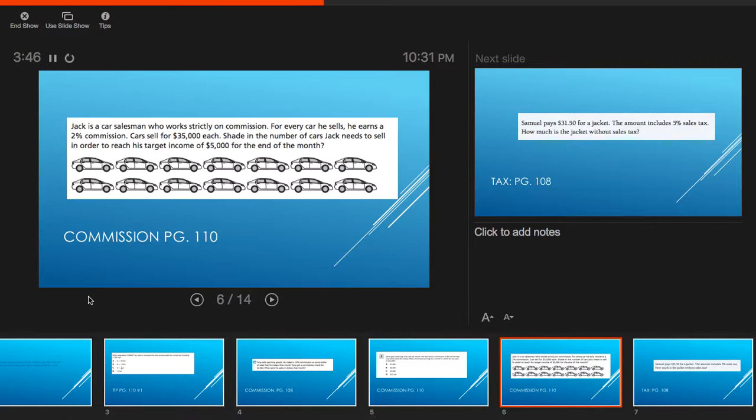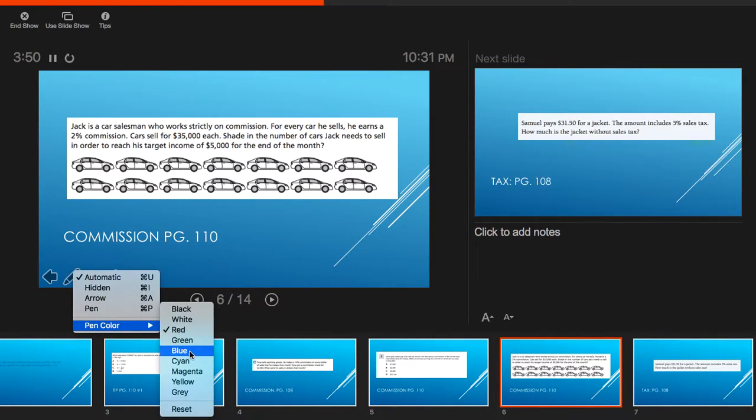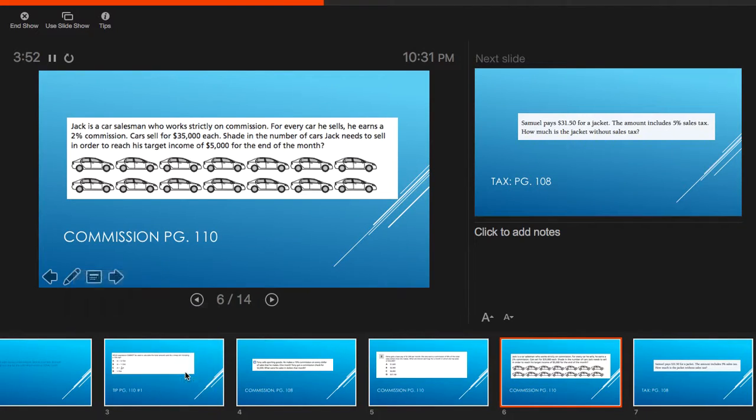My goodness, guys. Sorry. Here, let's change our color here to magenta, whatever. So 2%, right? We want to change that to a decimal, and you do 2 divided by 100, which will give you 0.02. And the cars sell for $35,000.